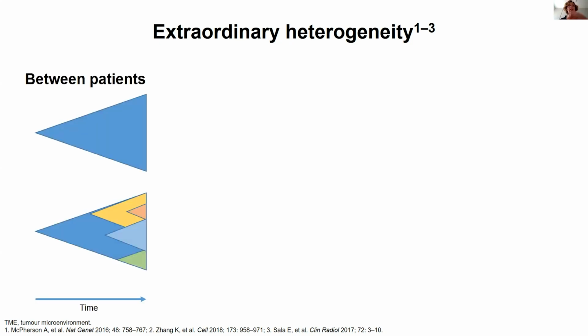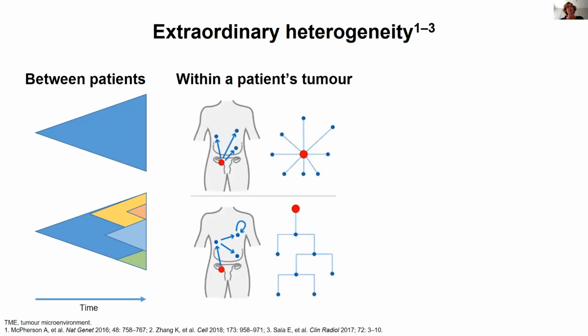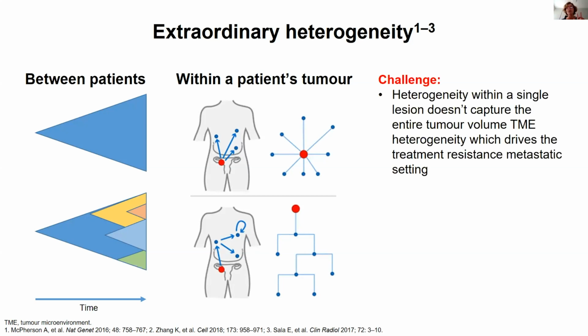So not only do we have heterogeneity between the patients, which we have in any tumor, but also heterogeneity between the sites of the tumor as well as within the tumors. There are 3 levels of heterogeneity in ovarian cancer that pose the challenges.